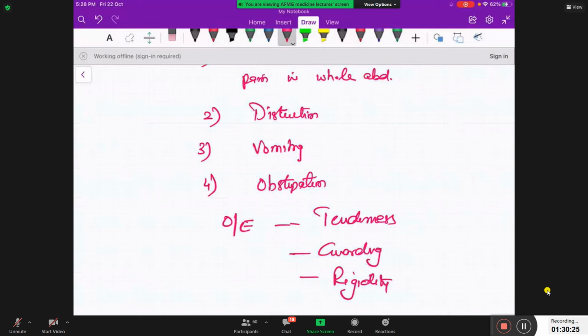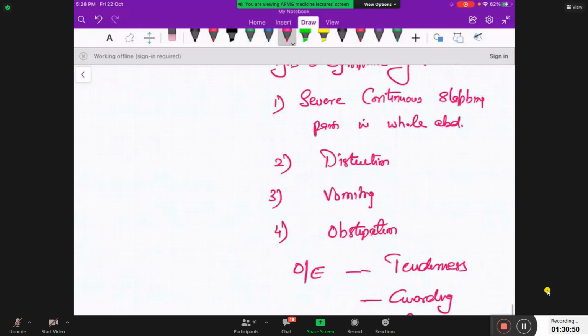ठीक है, now how will you know that this time this is a gallbladder perforation leading to peritonitis? Pain starting in the right upper abdomen and then getting generalized.